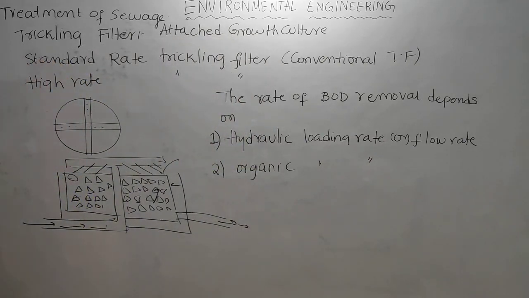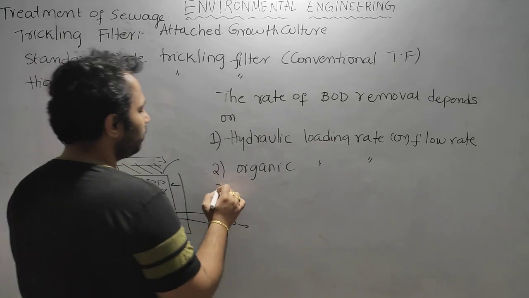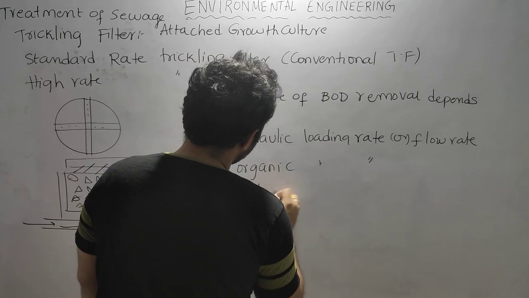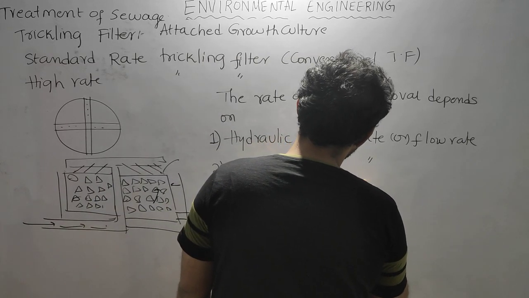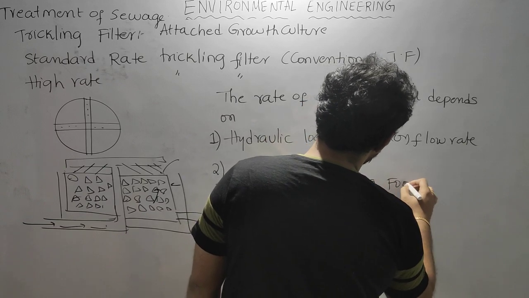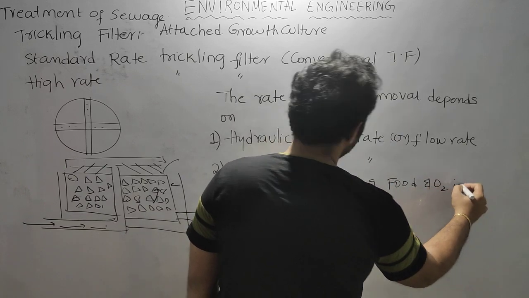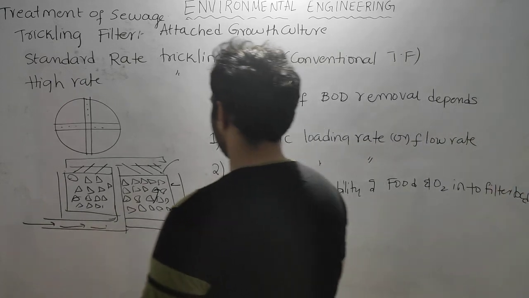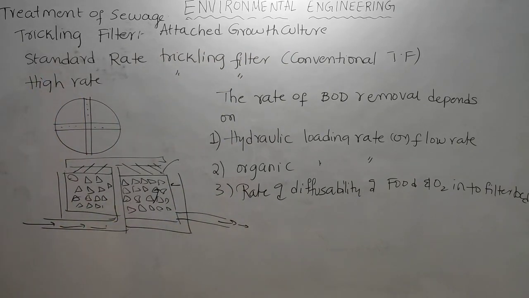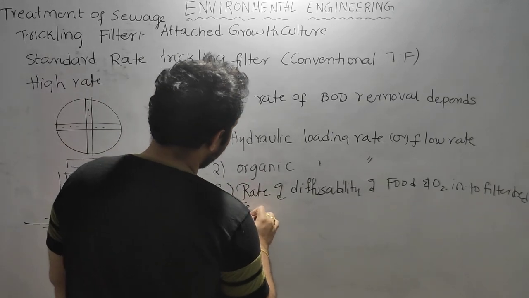So hydraulic loading rate, organic loading rate, and what is the rate of diffusibility of food and O2 into the filter bed, and what is the temperature we are maintaining in the trickling filter.